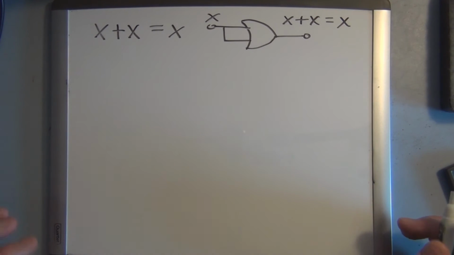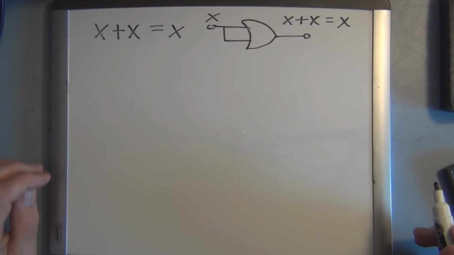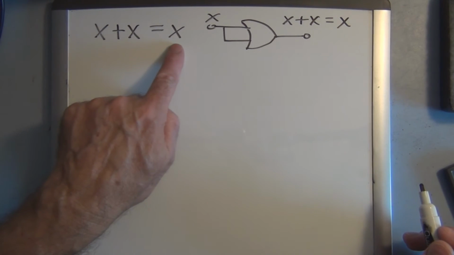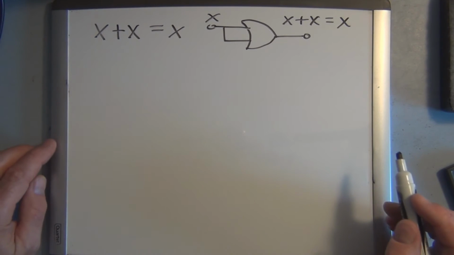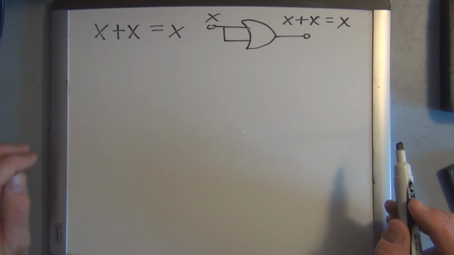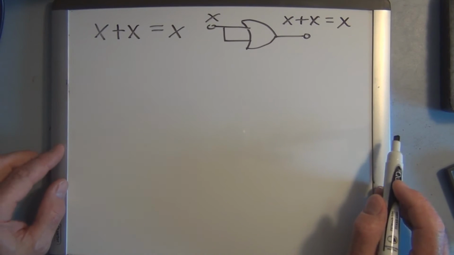So we can add this term here multiple times to this expression without changing it. One of the theorems we're going to use to help us simplify that expression states that X ORed with X is equal to X. So we can take that last term and add it multiple times to that expression without changing the expression.